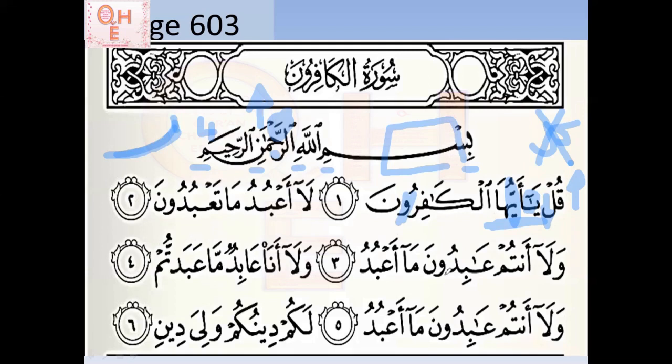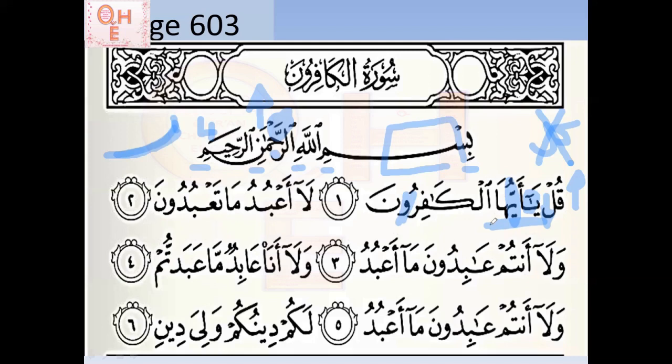Plus, for the mad letters, our circle of the lips is a little bit opener than the dhamma. الكافرون. رون. Inshallah clear. Letter noon, when I stop on it, I should give it the right length.